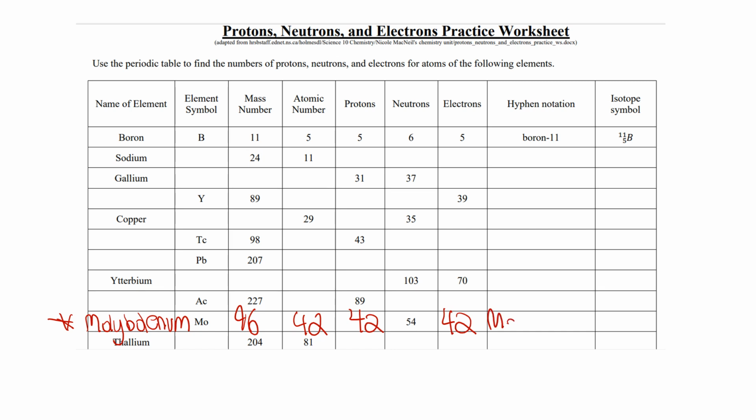Then hyphen notation, molybdenum-96. Isotope notation, mass at the top, protons at the bottom, and then Mo. So that is how you do all of them. So rewatch that if you don't know how to do it and try some of these up here. But the same process is for all of them.